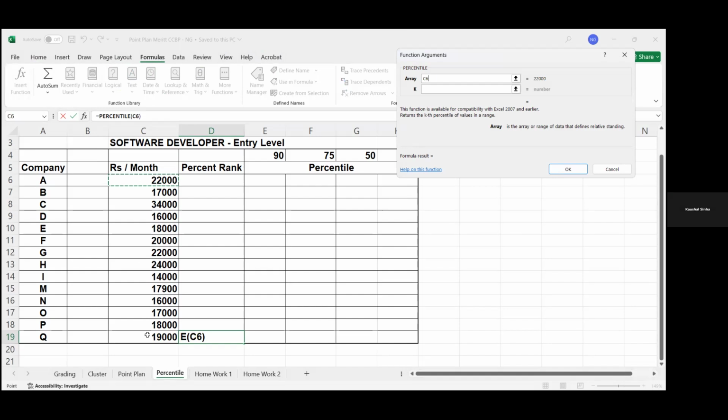The entire range, ma'am. Yes. Now what will I put here when I say K? I want 0.90. I want the 90th percentile. So I will say 0.9. Excellent.